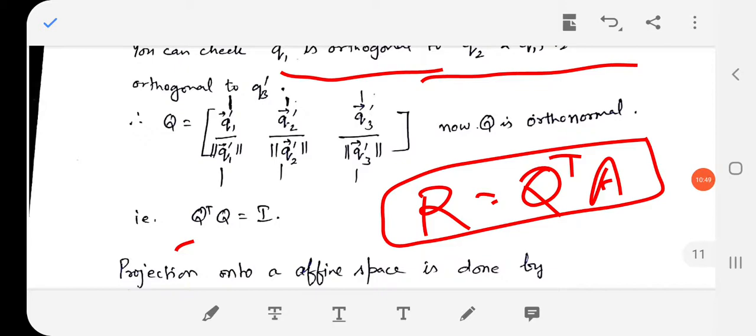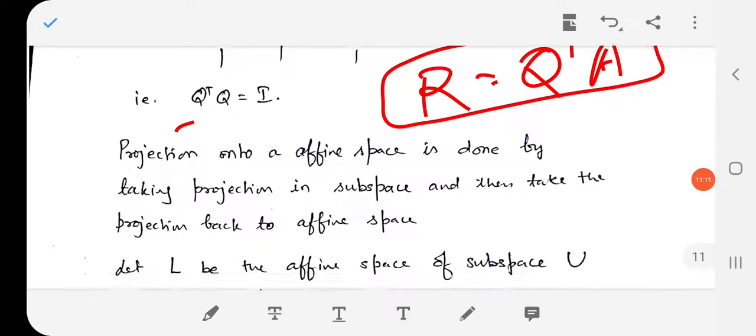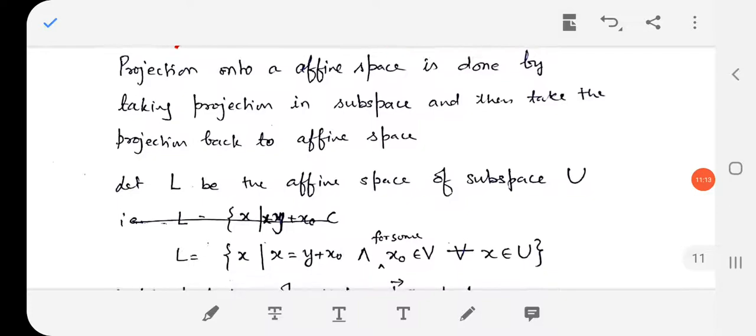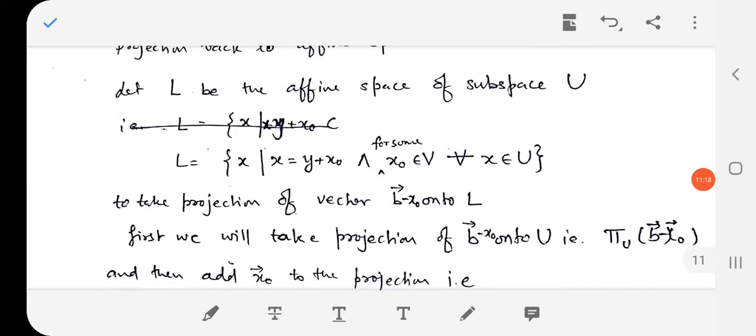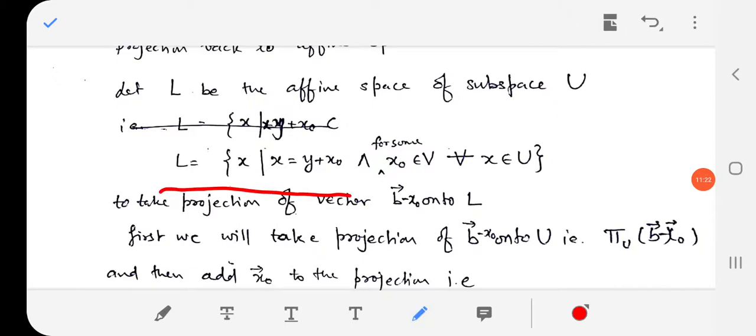Now there is a question: okay, that's fine, now we can factorize the things. There is another small thing that we can also see, which is how to take the projection onto an affine space. To take the projection onto an affine space, there is nothing big. You just find the corresponding subspace of the affine space.